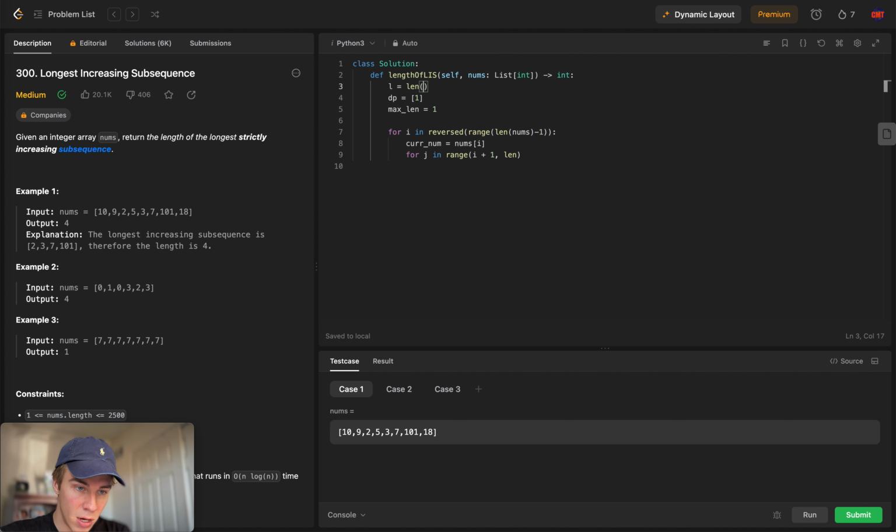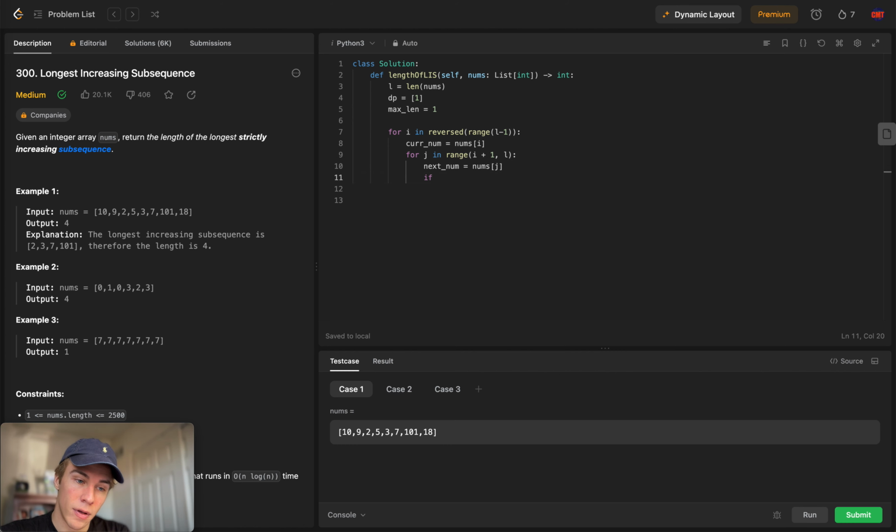Let's have an L here, length of nums. So for j in i plus 1 to L, next num is going to be equal to nums at j.